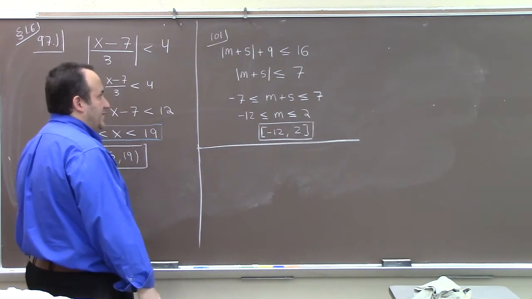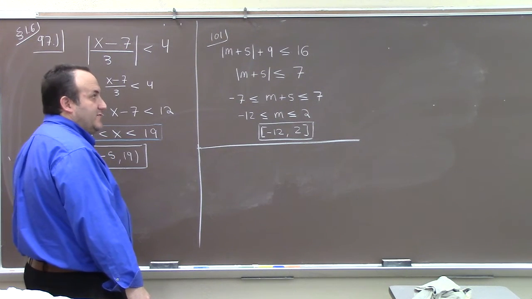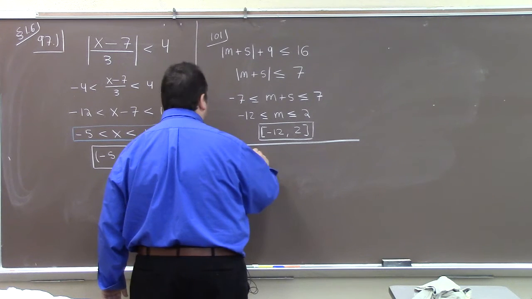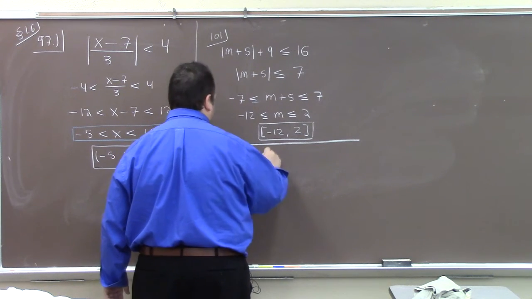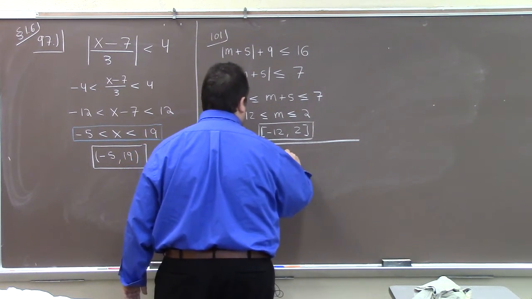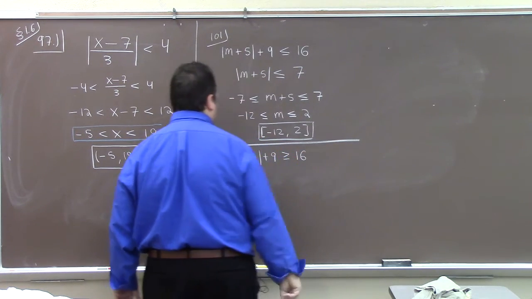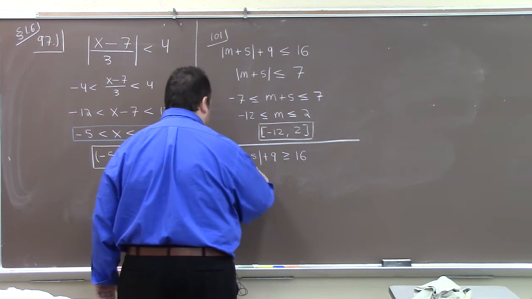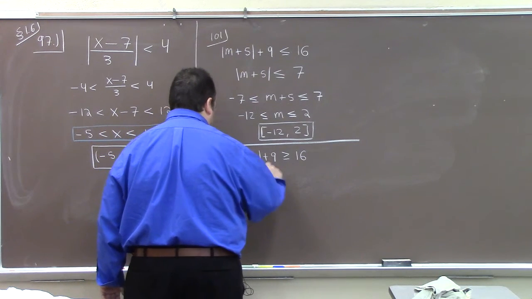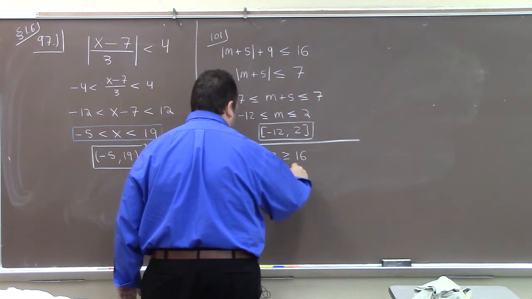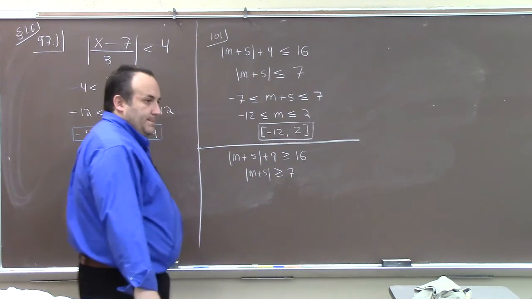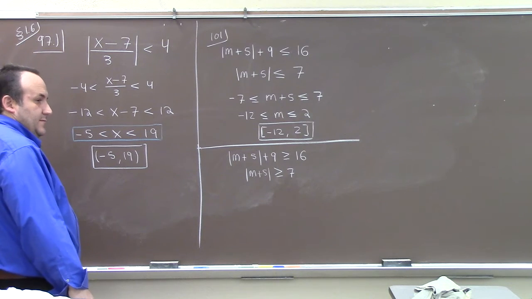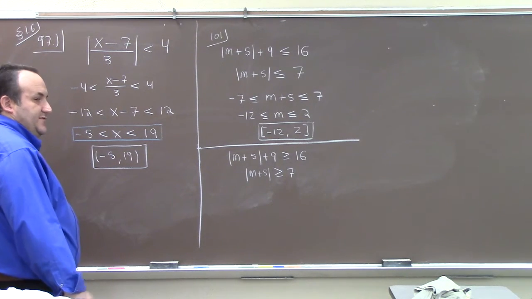Let's do this problem a little bit differently. What if instead of less than or equal to, you had greater than or equal to? Then what would have happened? We would have had m plus 5 greater than or equal to 7, which means we have two cases to consider.